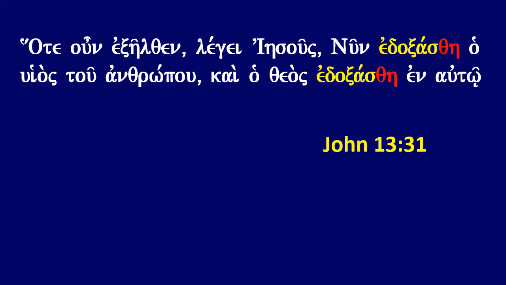And you'll note that they are both first aorist uses of doxazo, and it's third person singular in both cases. I've highlighted for you the theta-eta combination at the end of the stem there for doxazo. The zeta has turned into a sigma in order to allow for the theta-eta combination to meet it.